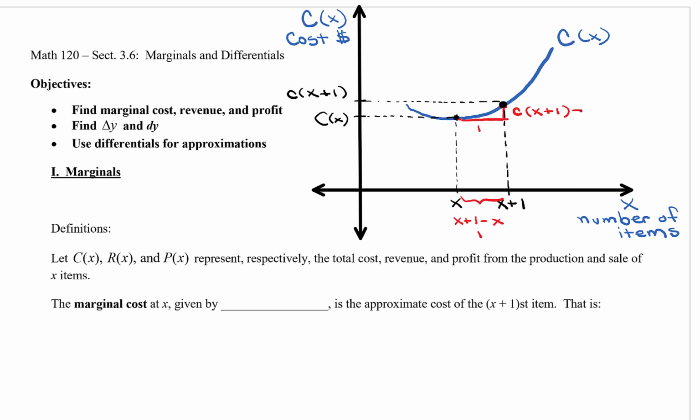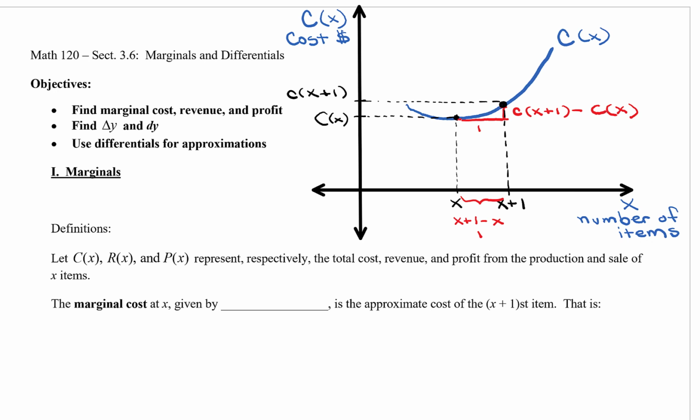The rise for this slope triangle that I drew here is going to be represented by C of x plus 1 minus C of x. If you subtract the y values, that gives you the rise.